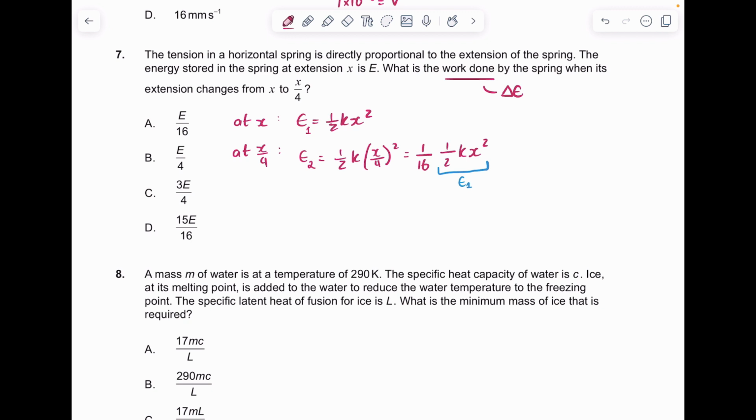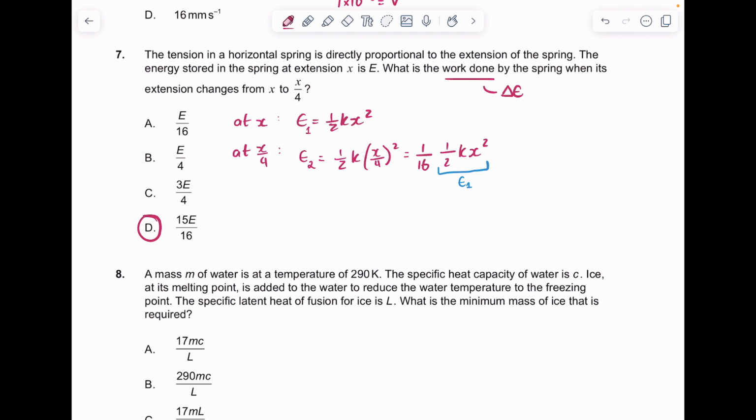So the amount of work that has been done by the spring has changed the energy from a certain amount, a total amount, E1, to 1/16 of that amount. So 15 over 16 of the original energy has been transferred away. We now have 1/16 of the energy remaining.